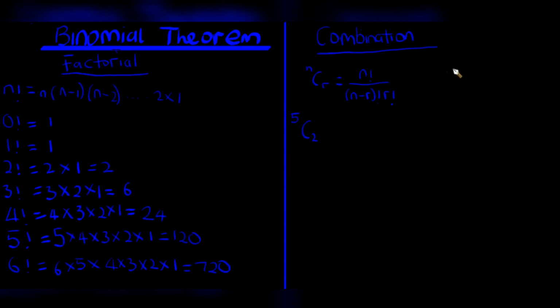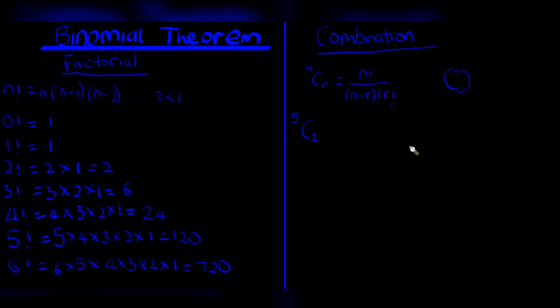Yes, at this point it's also worthy of note to let you know that some textbooks take the general symbol for combination to be this, n choose r. Some texts take this as the general symbol for the combination. This is what you find in some textbooks. And please, so that when you get to the examination hall and you see this, you won't be confused, okay?